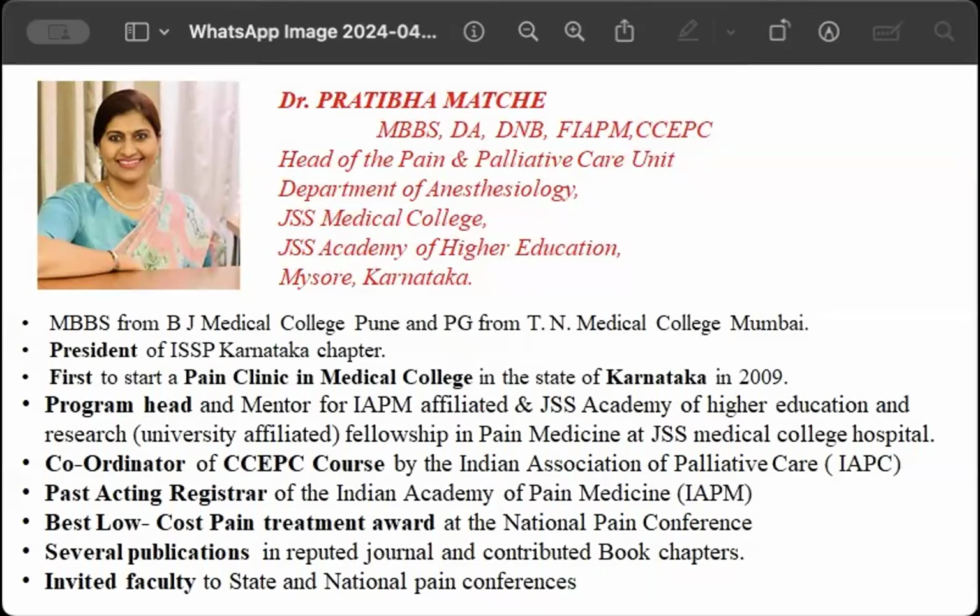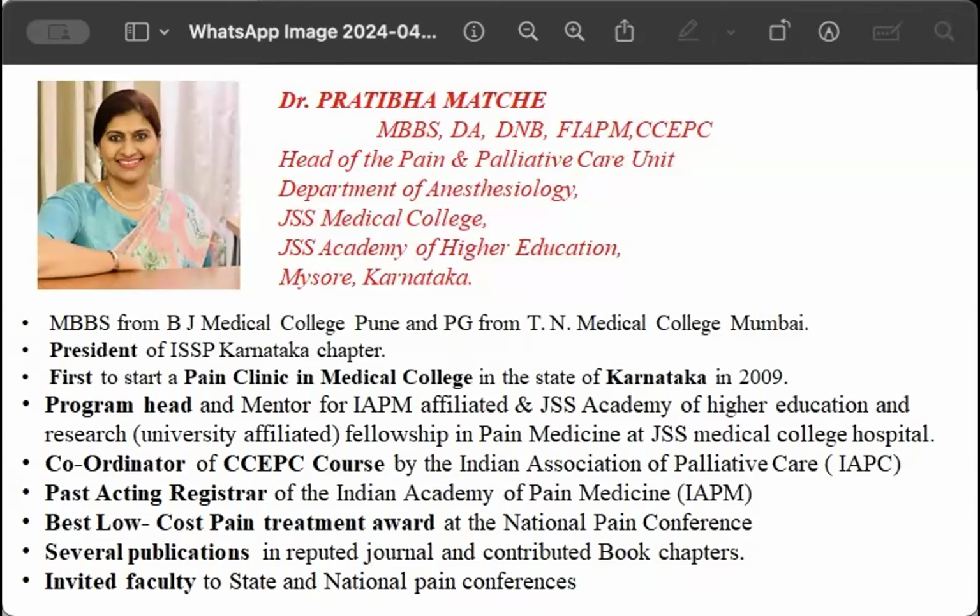Madam is the president of IASP Karnataka chapter. Madam was the first to start a pain clinic in a medical college in the state of Karnataka in the year 2009. She is the program head and mentor for IAPM affiliated as well as JSS Academy fellowships in pain medicine at JSS Medical College and Hospital.